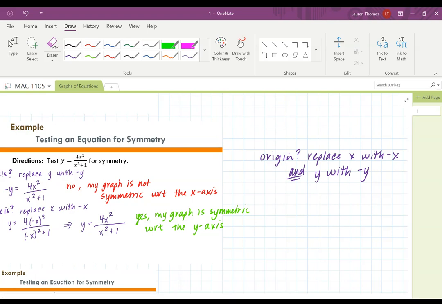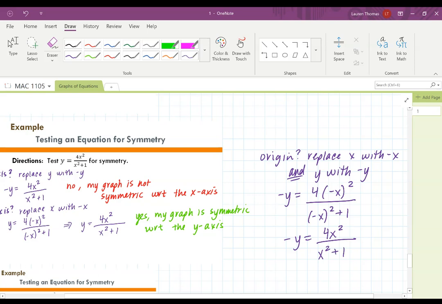So that means everywhere in that equation where I see an x and a y, I'm going to replace them with their negative counterparts. So I have negative y equals 4 times negative x squared over negative x squared plus 1. I'm going to do the simplification. That left-hand side is not going to simplify any farther, but I do know that the right side does simplify. Okay.